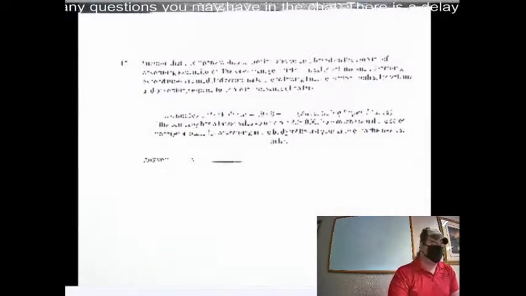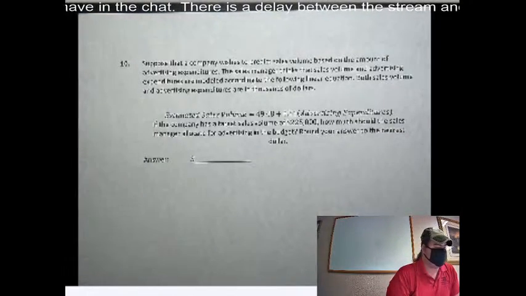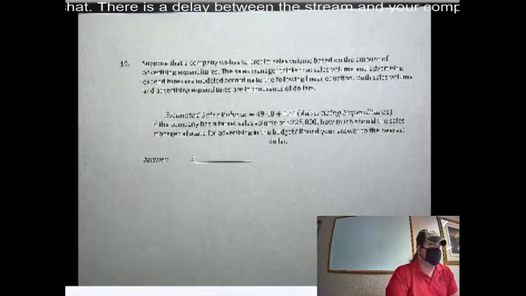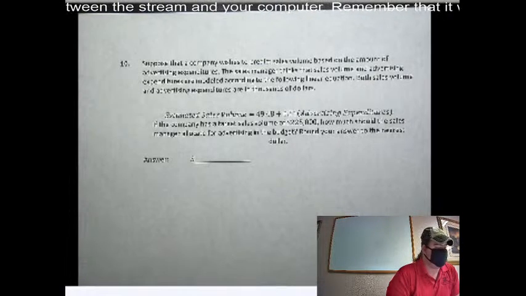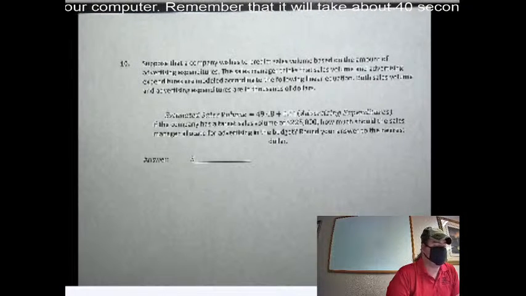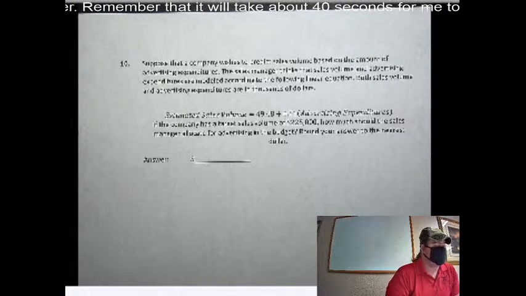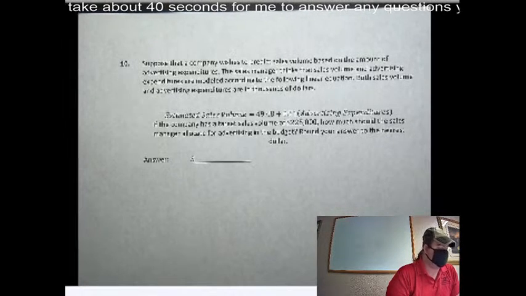Last one, number 10. Suppose that a company wishes to predict sales volume based on the amount of advertising expenditures. The sales manager thinks that sales volume and advertising expenditures are modeled according to the following linear equation. Both sales volume and advertising expenditures are in thousands of dollars.